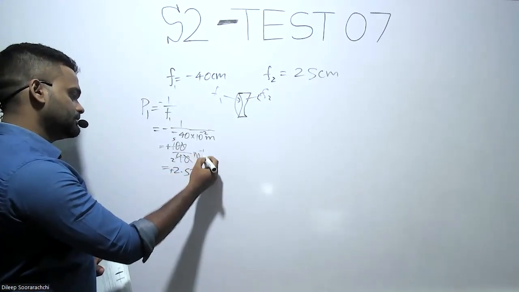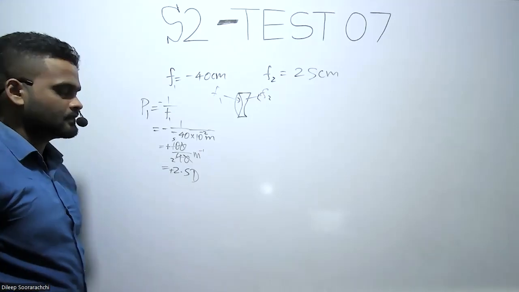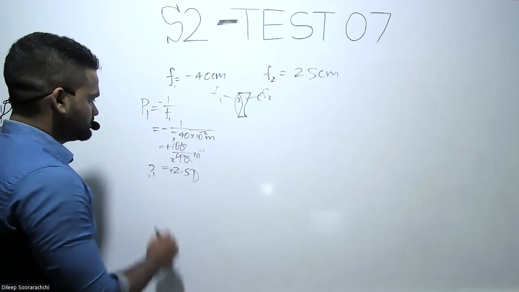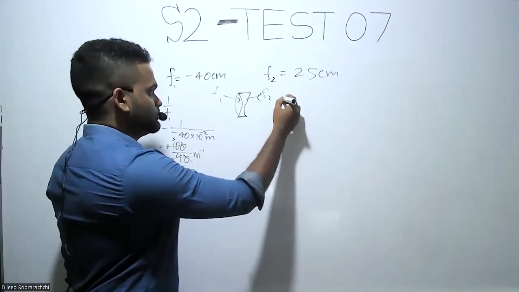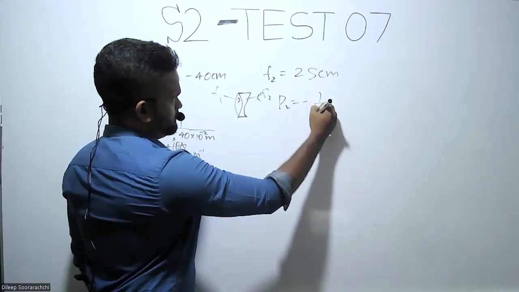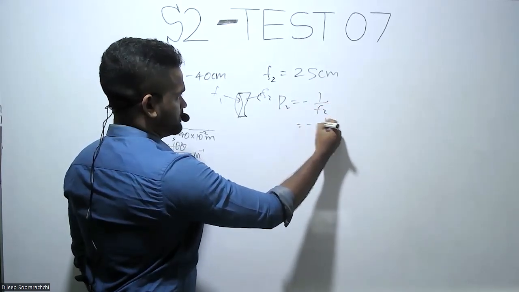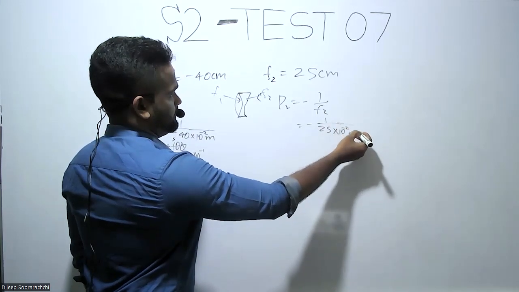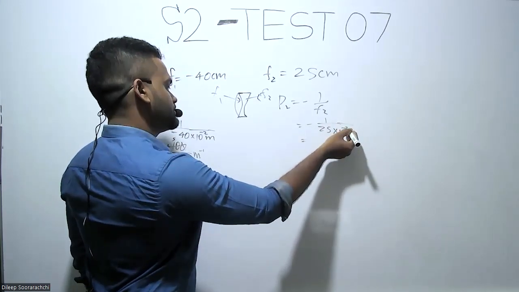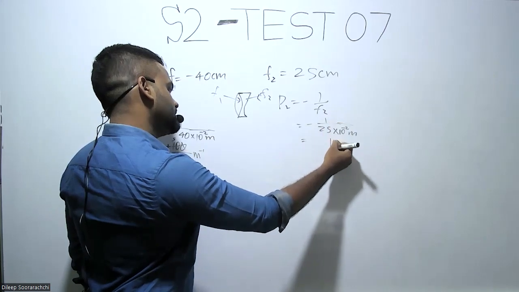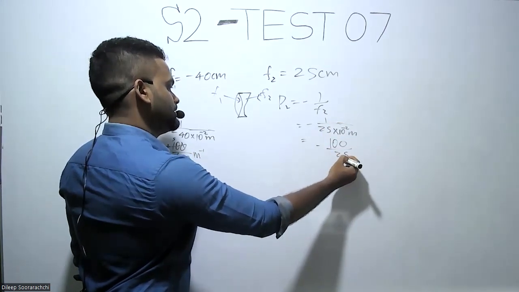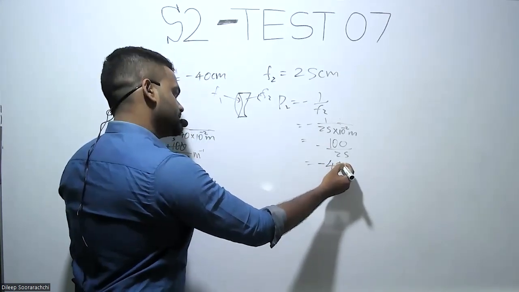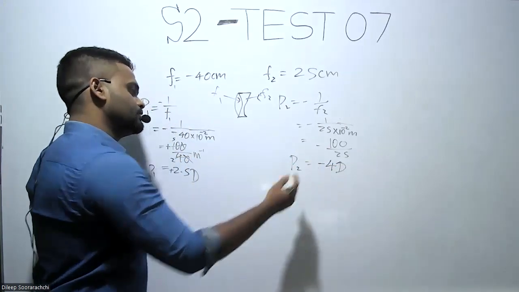What you get is per meter, so it is equal to a diopter. This is the convex lens, P1. Then I go for P2, minus 1 over 25 centimeters. I can write it as minus 10 to the power minus 2 meters. So that goes up, it becomes 100 divided by 25. So it is 4, minus 4 diopters. So this is P2.